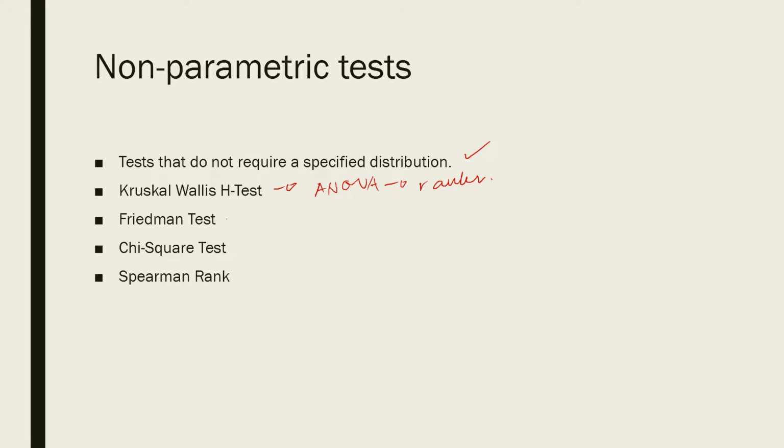Next, you have your Friedman test. This Friedman test is basically just your ANOVA, but this is for repeated observations. So we'll learn more about that again later.